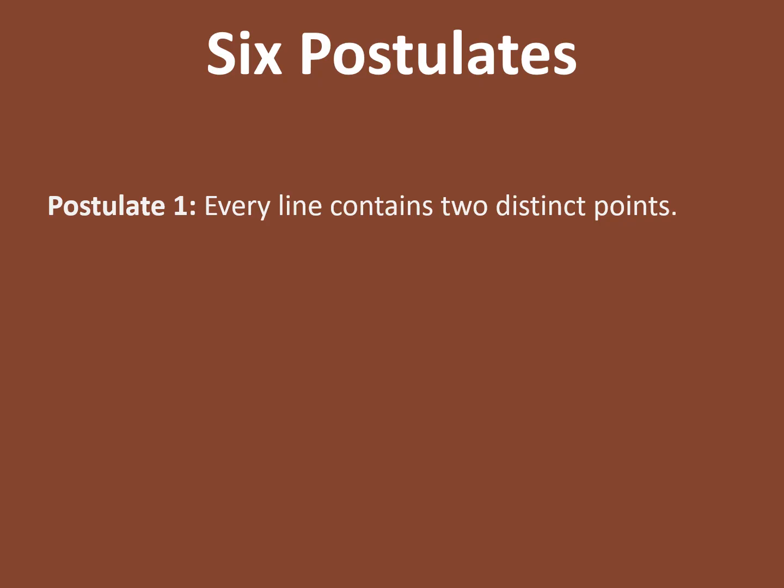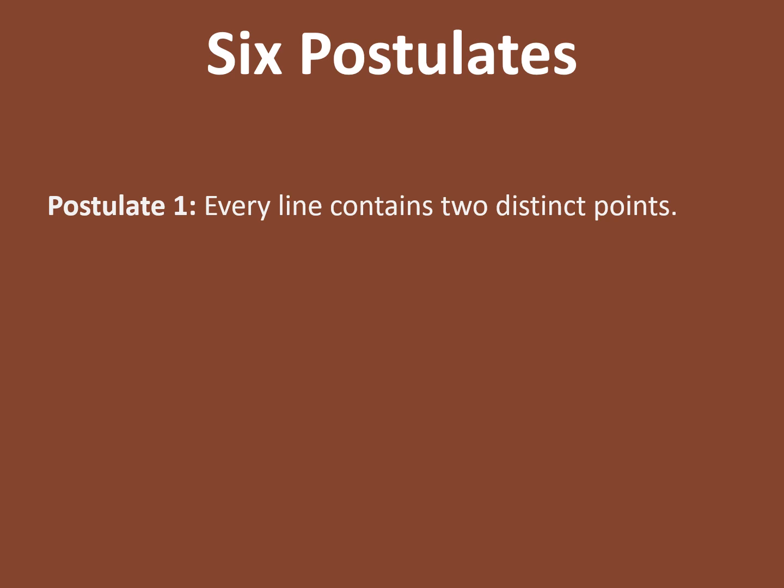So let's discuss our 6 postulates for today's lesson. The postulates are, again, going to be statements that we have to assume are true, and in each one, I'm just going to give you a brief overview of what we know about lines, points, and planes.